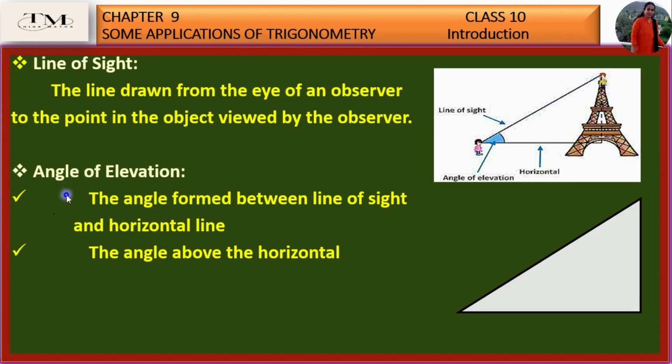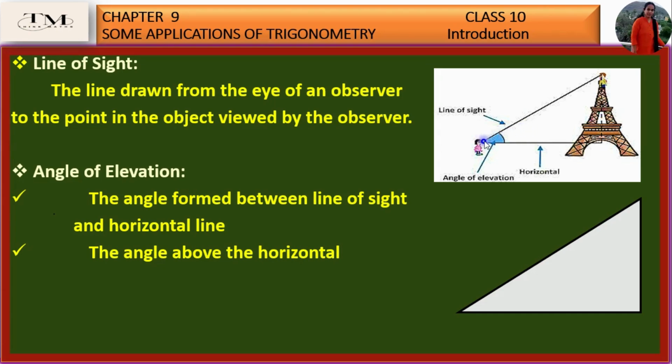Next one is angle of elevation. It is nothing but the angle formed between the line of sight and the horizontal line. Here the angle should be above the horizontal. When the eye is looking up, this angle will be above the horizontal.